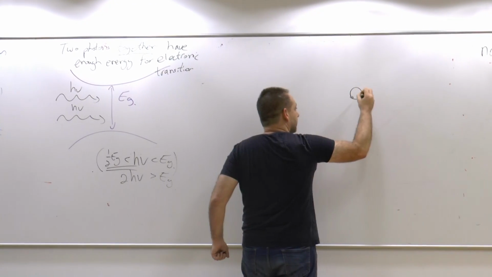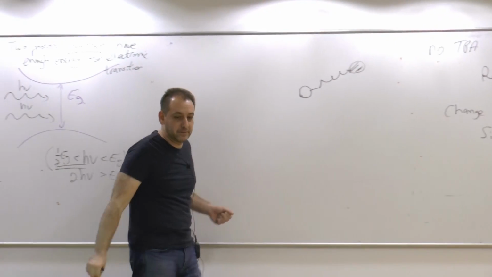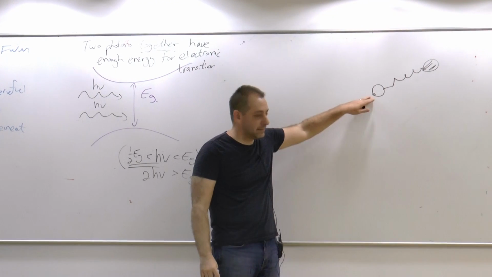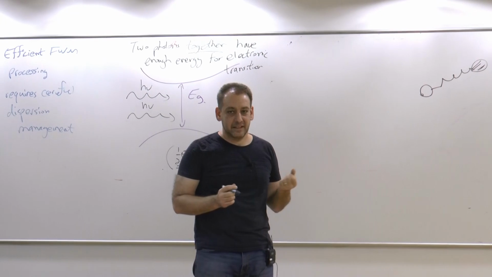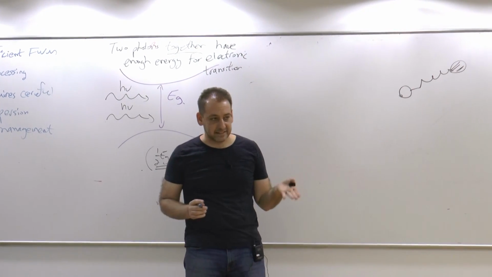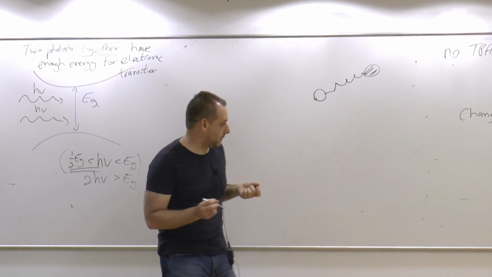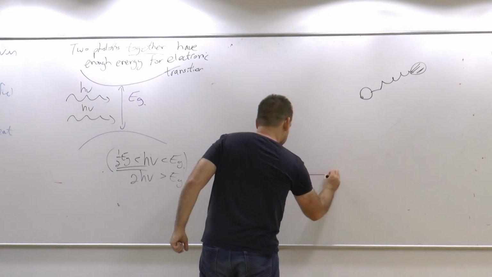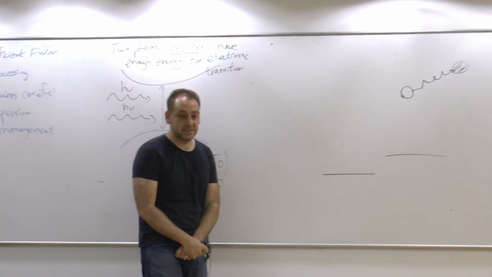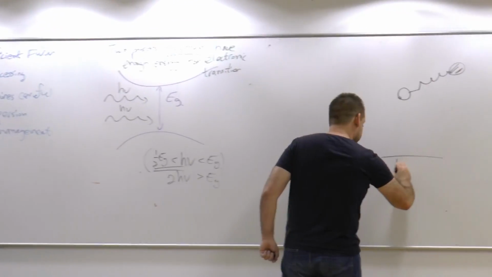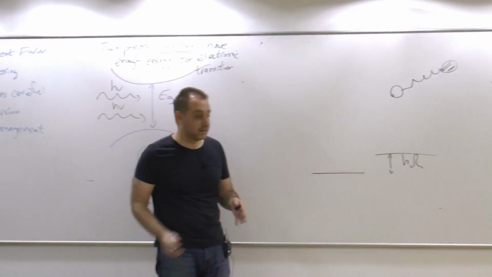Suppose I have some kind of a primitive molecule, and I will draw it as a link between two atoms, and just like an electron is characterized by a set of discrete possible energies, so does a molecule. It can have a ground energy state and an excited energy state with some kind of energy separation which corresponds to some frequency.